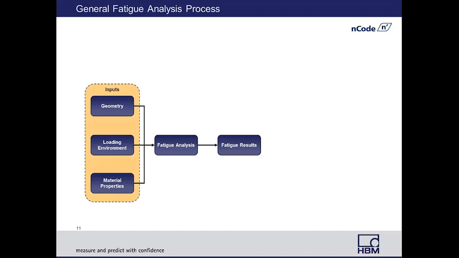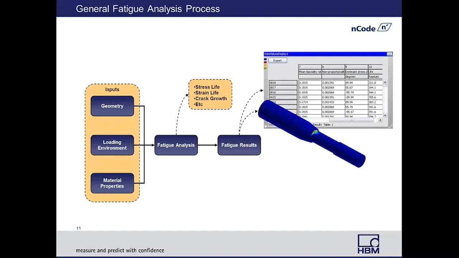All of those are going to be combined in the middle where we do our fatigue analysis, and this is where we can do stress life, strain life, or crack growth. And then ultimately, we're going to be generating some results from that. So within nCode, some forms of results might be a damage plot.